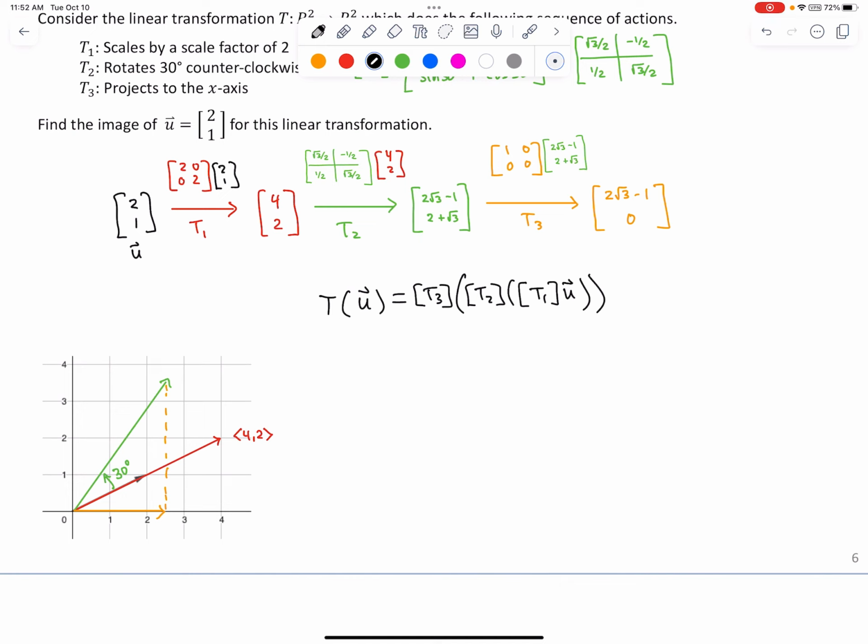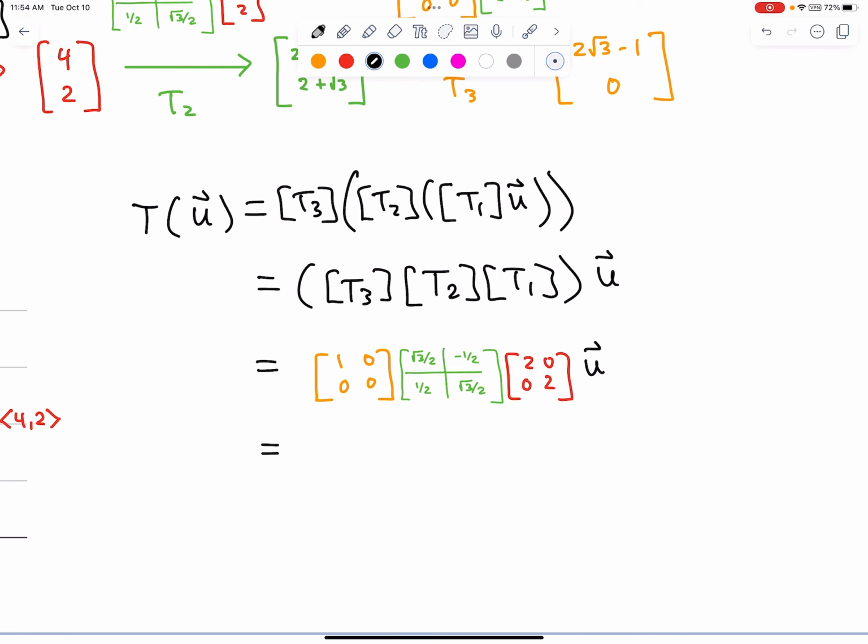So it's the standard matrix for T1, and then the standard matrix for T2, and then the standard matrix for T3, working that way. But matrix multiplication is associative, so I can reorder this, and instead I can do the following product. I can multiply the 3 standard transformation matrices together first, and then multiply all that by vector u. Let's go ahead and multiply the orange and the green standard matrices together first.